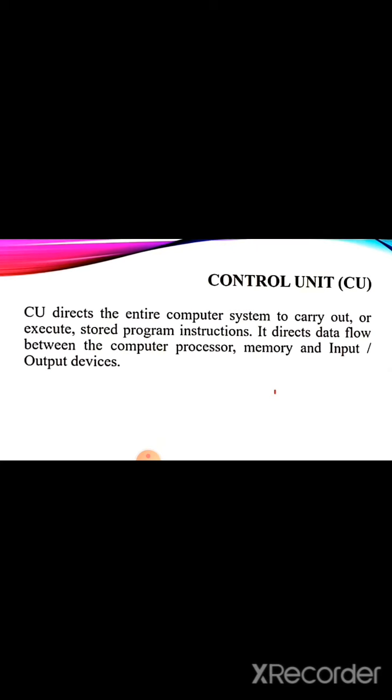Here is the control unit. The control unit directs the entire computer system to carry out or execute stored program instructions. It directs data flow between the computer processor, memory, and input-output devices.